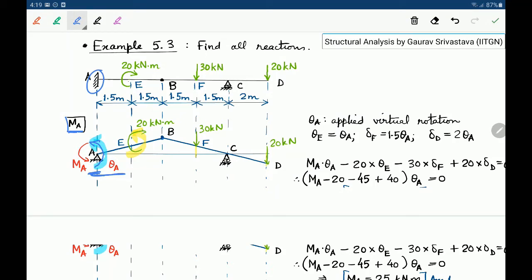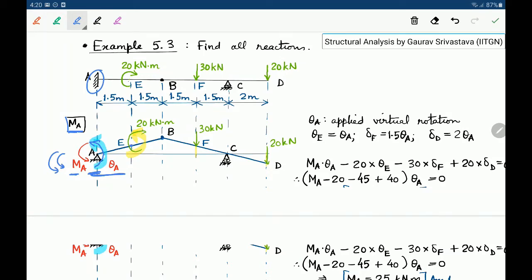Okay, so now there are various moments and forces acting at different places. So at A, MA is the moment to be found, or the support moment, and theta A is the applied virtual rotation in the same direction.